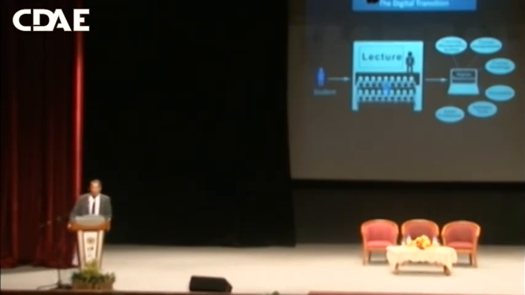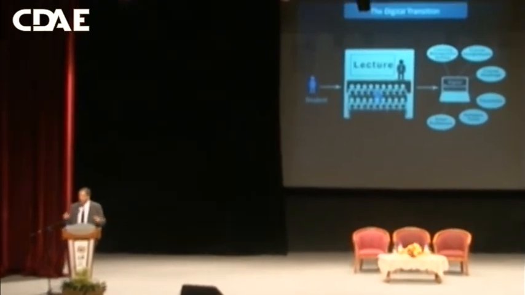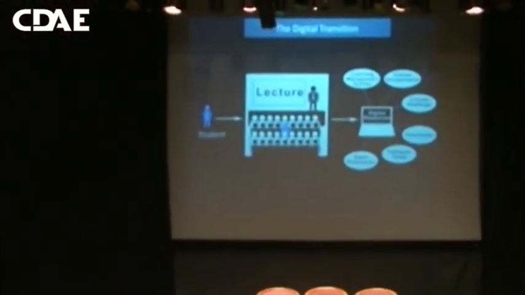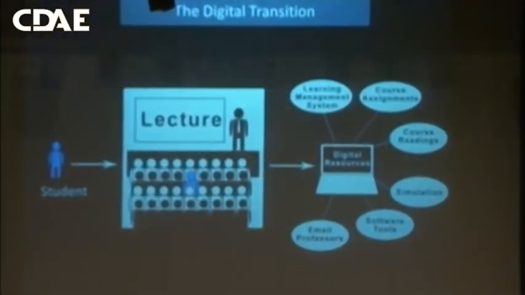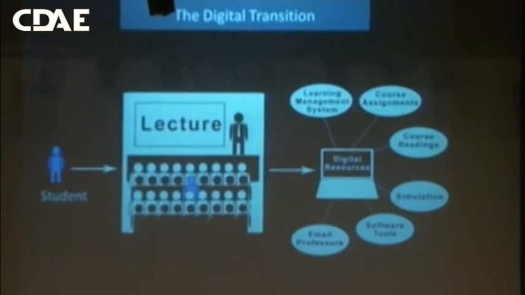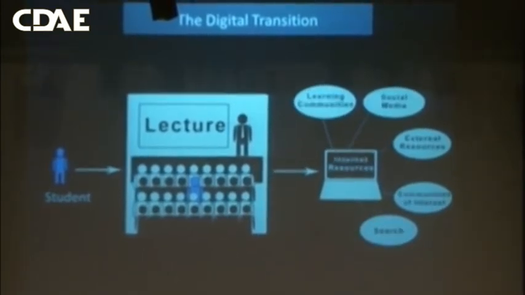And when we want to communicate with our professors, most of the time, we don't go to their office. We send an email. And so already we're in a digital environment as soon as they get out of the lecture hall. And if we change the lecture hall itself, because it's not the most effective form of teaching and learning, we'll see that everything becomes digital.